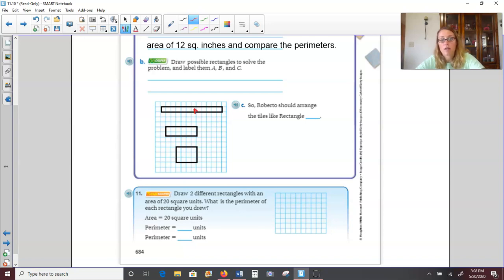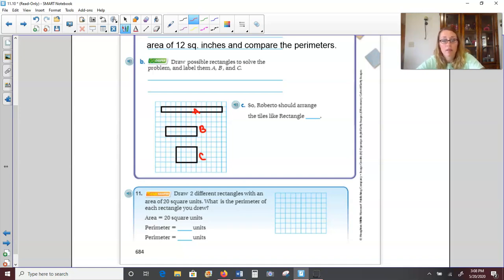I've got rectangle A, B, and C. And we need to figure out which one gives us the smallest perimeter. So out of A, B, and C, without even finding out any of the math, which one has the smallest perimeter?